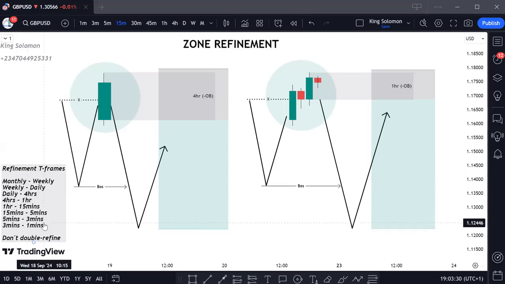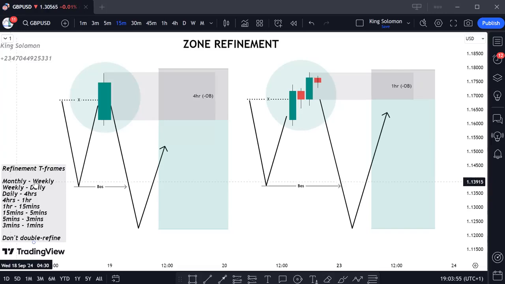And then I added something which is as important as what has been said: don't double refine. What do I mean by don't double refine? It means, let's say you mapped your structure and your order block, or your point of interest, from a time frame. You want to refine only once. You don't want to go twice, right?